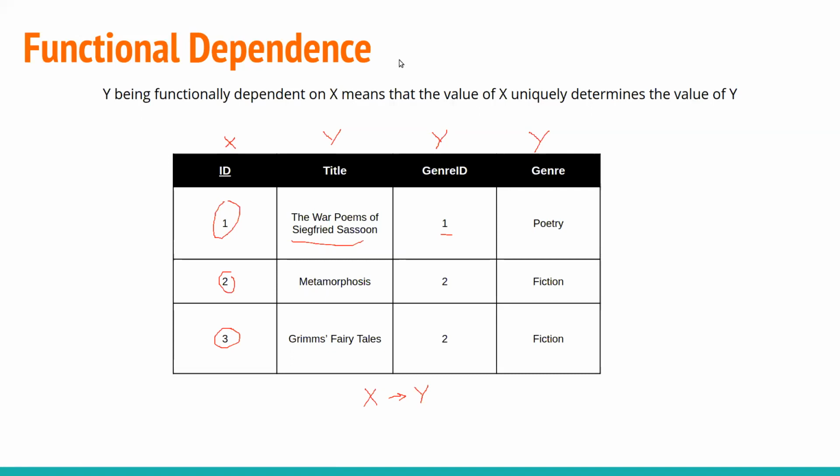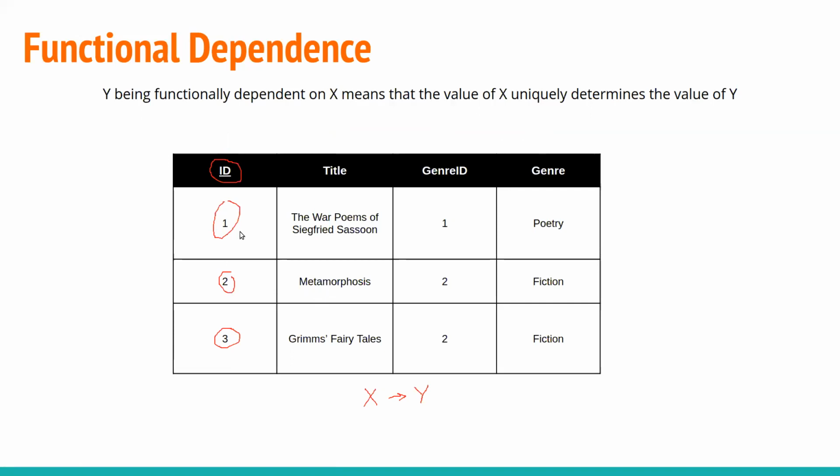And this is a rule, guys. In databases, every single column in your table will be functionally dependent on the primary key, as long as it's one column. So if the primary key is one column, then every single column in your table will be functionally dependent on the primary key.